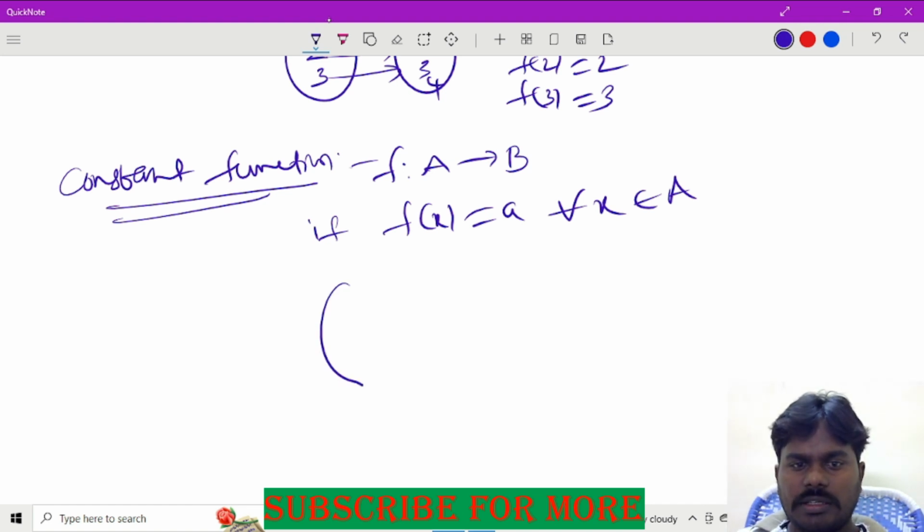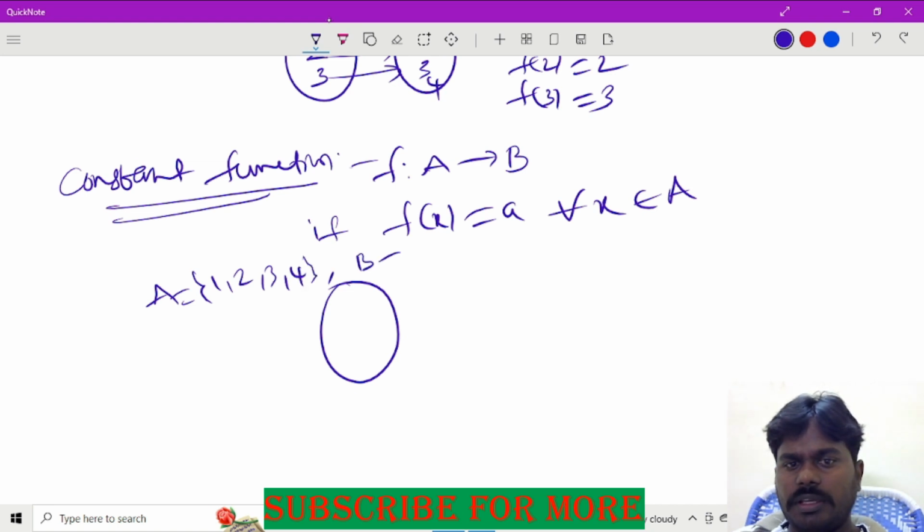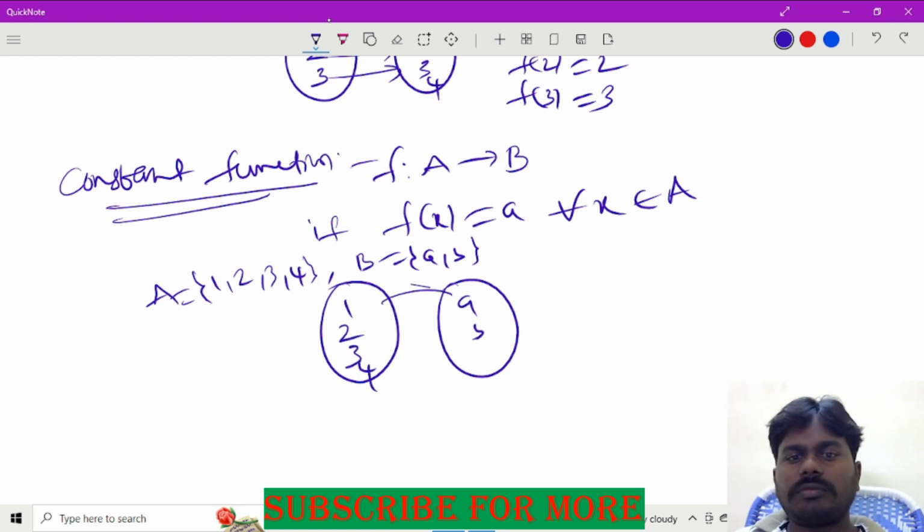Suppose I am taking A equals 1, 2, 3, 4, and B equals a, b. Now 1 I am mapping with a, 2 with a, 3 with a, and 4 with a.